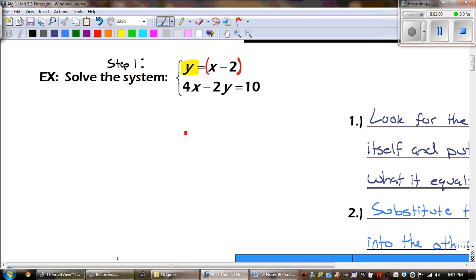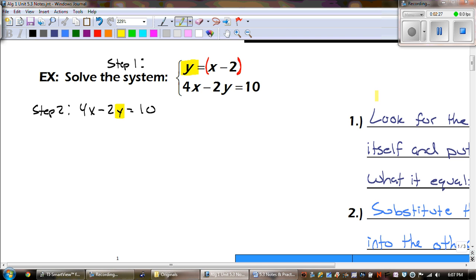Okay, so is everybody good so far? I didn't really do anything. I just found the variable by itself and I highlighted what it equals to. So step number 2. Step number 1's easy. Here's our equation. We have 4x minus 2y equals 10. Now, we solved for y.